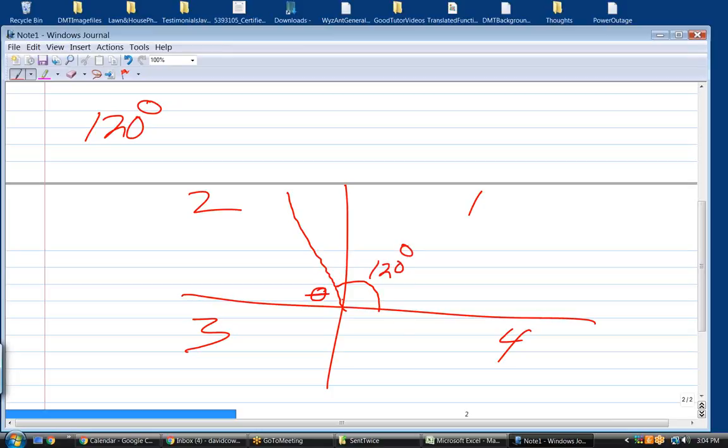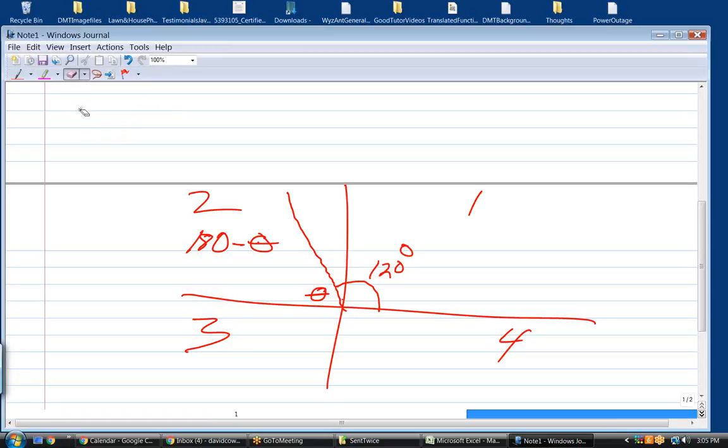It's always the acute angle made with the x-axis. So would it be 60 degrees? Correct. The reference angle is always 180 minus theta in the second quadrant.